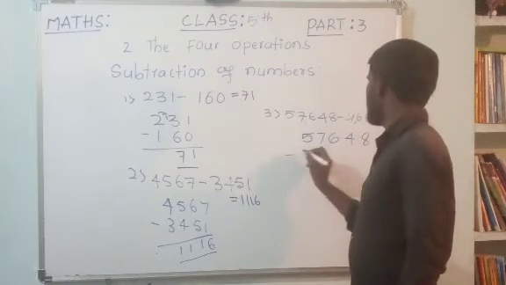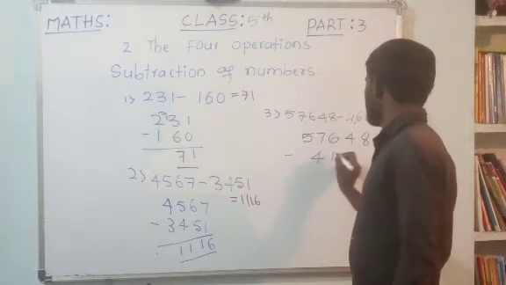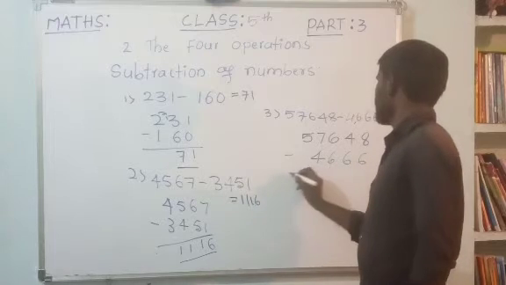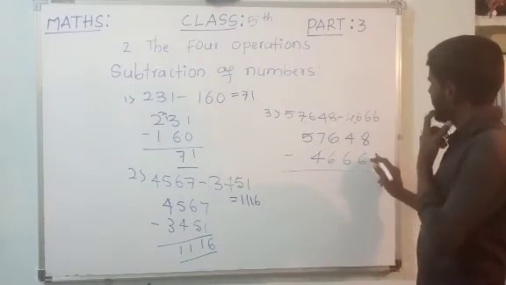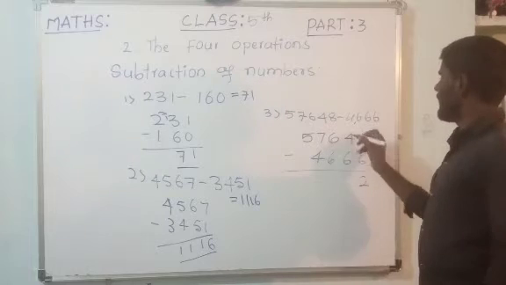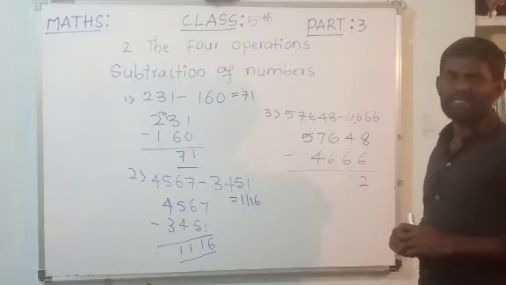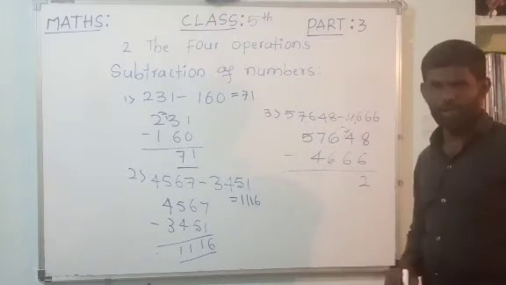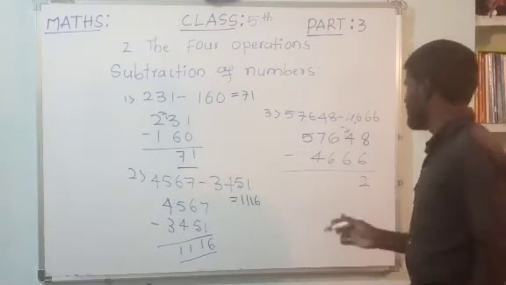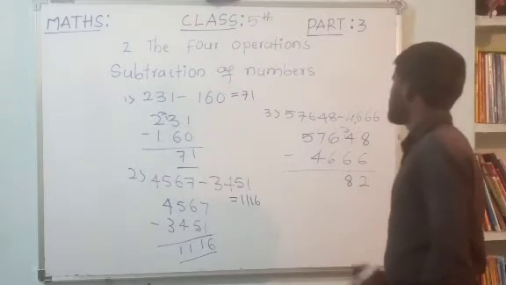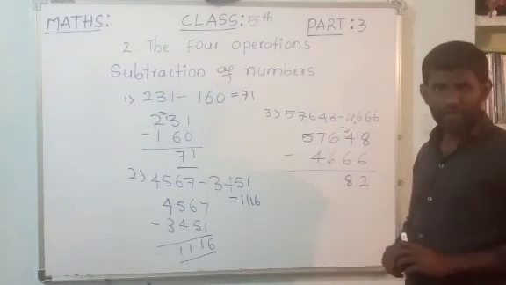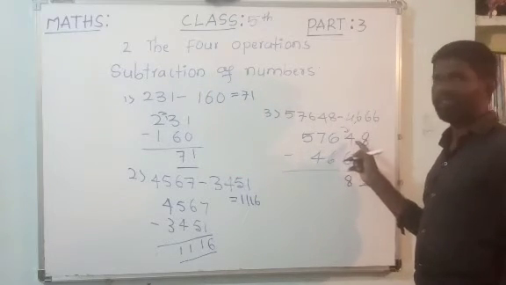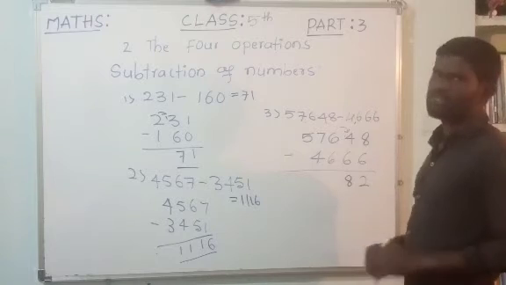Subtract. 8 minus 6 means 2. Then we cannot subtract 6 from 4. Take carry 1. That will be 14. 14 minus 6 means 8. This 6 reduces to 5 because it has given 1 carry to the previous number.